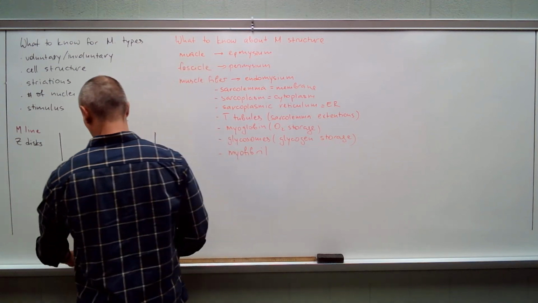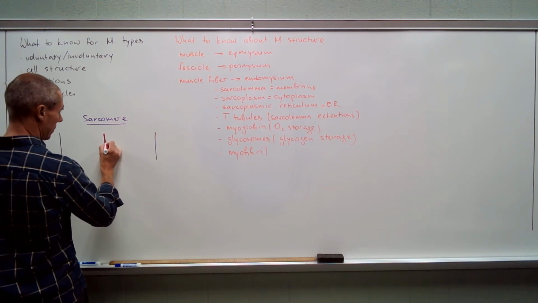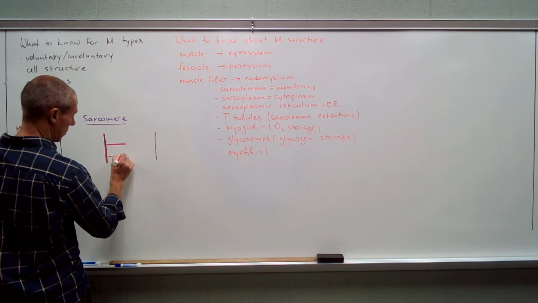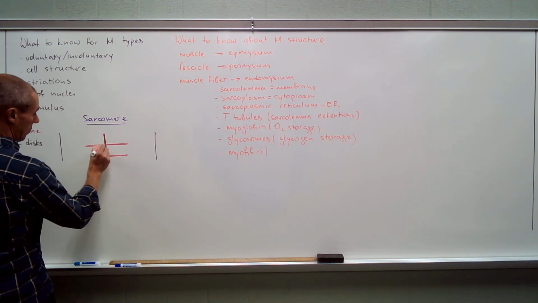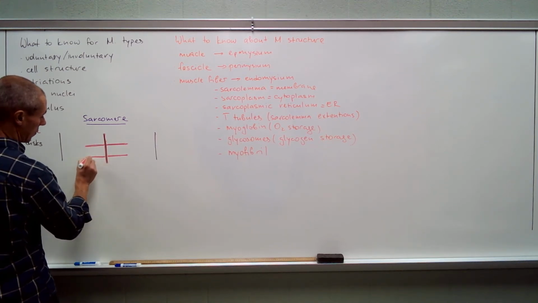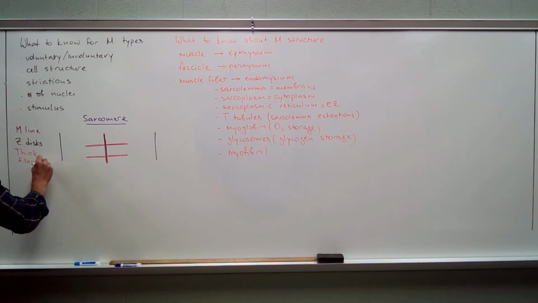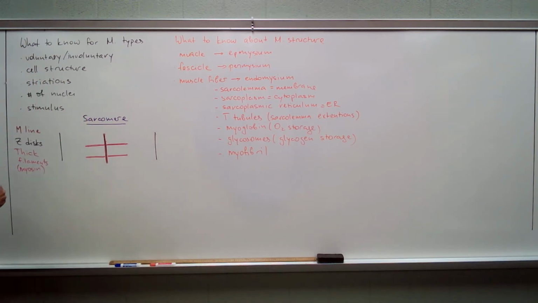Now the M line has thick filaments attached to it. These are thick filaments, composed of the protein myosin. If there are thick filaments, there are going to be thin filaments.